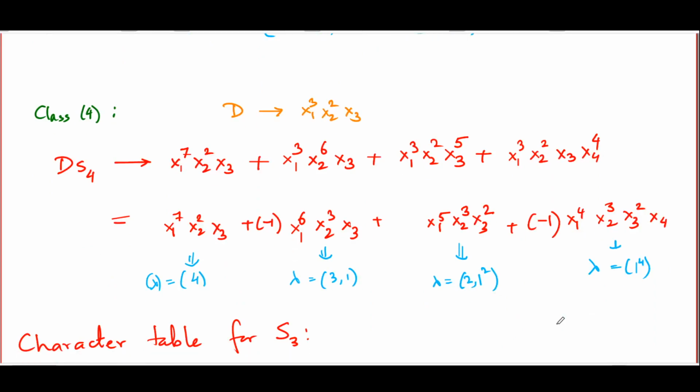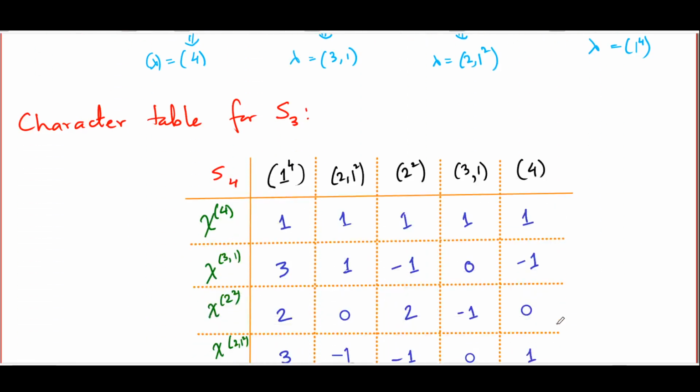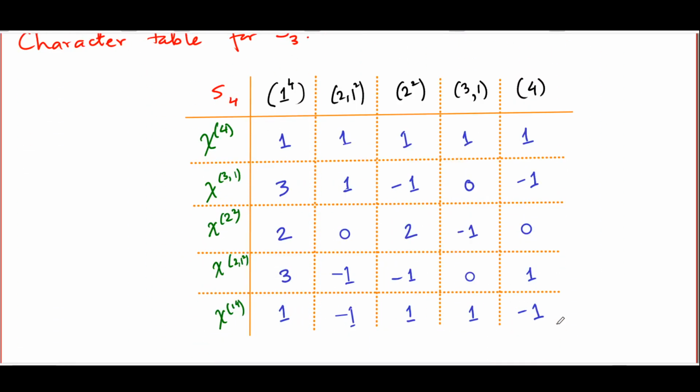So this gives us the final column of the character table as 1, minus 1, 0. Once again note that 2 square is not there. 1, minus 1. And this is your final character table for S4.